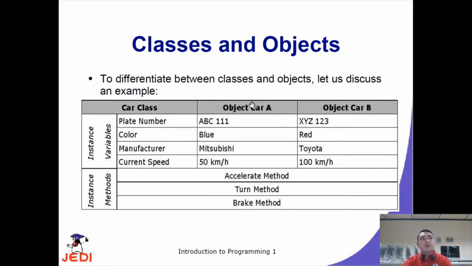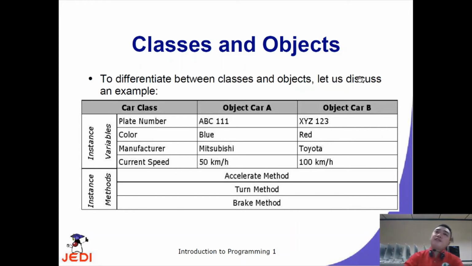We do have here the object car A and then object car B. As you notice, each has a different value on each attribute. Car A has its plate number, ABC111, which is different from car B. But the fields that they refer to are the same, based on the car class.